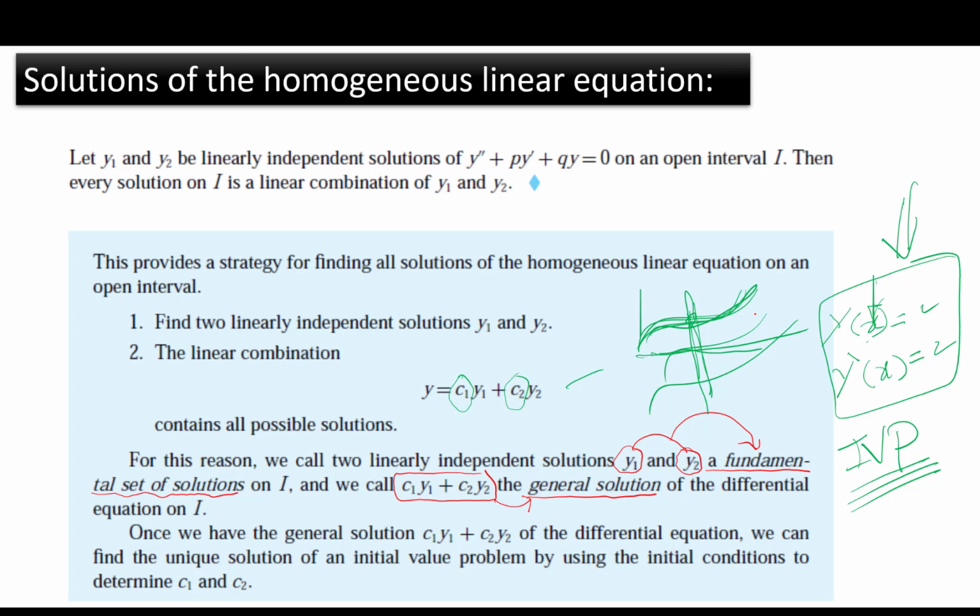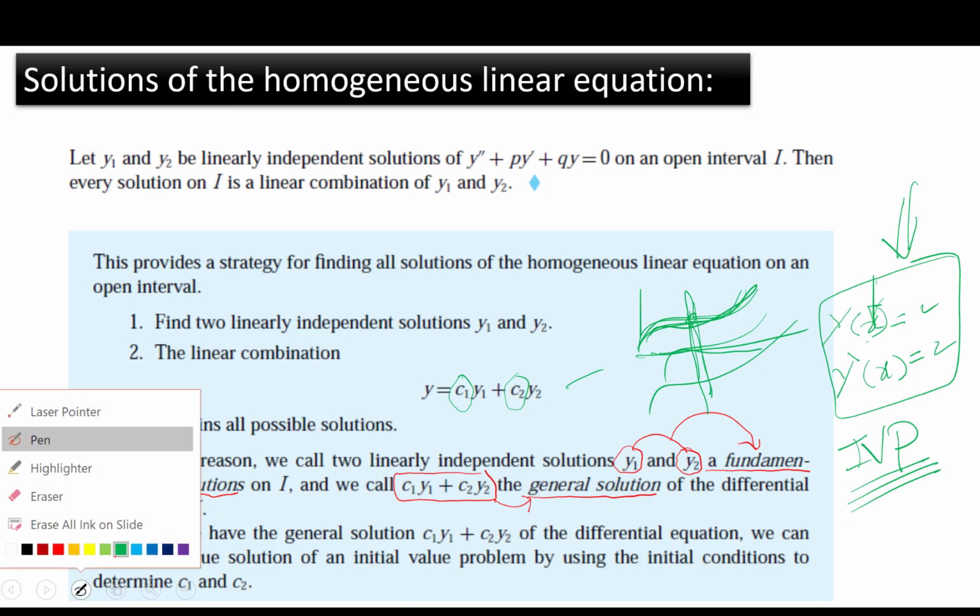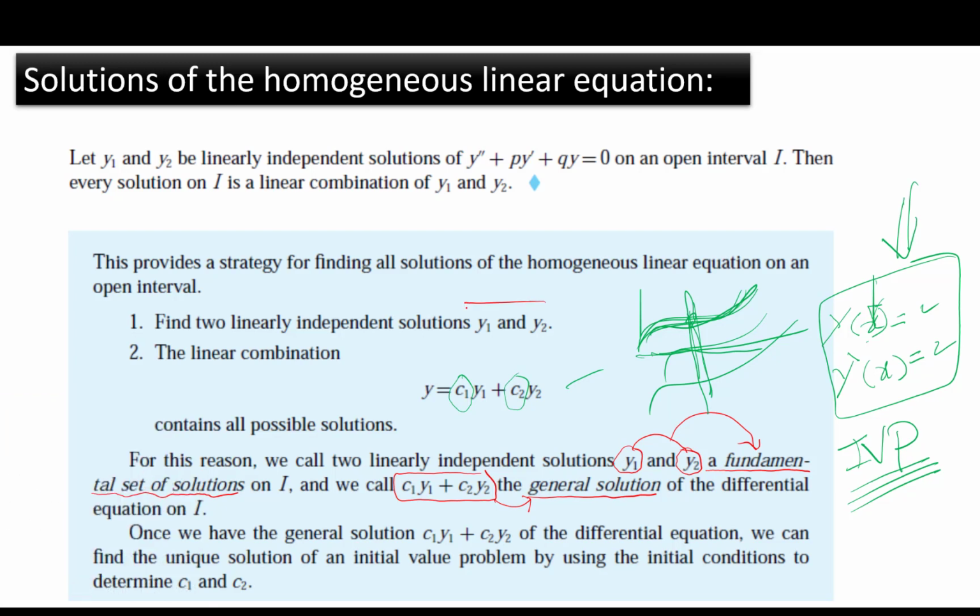So now we have three different levels. Here we have y1 and y2, the fundamental set of solutions. Y equal to C1 y1 plus C2 y2, we call exactly the general solution.